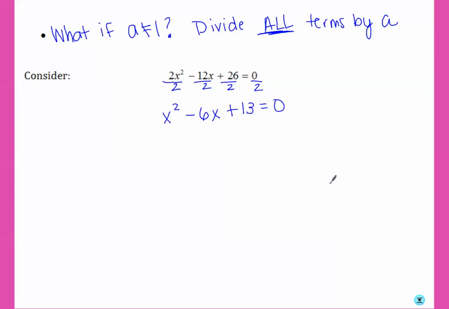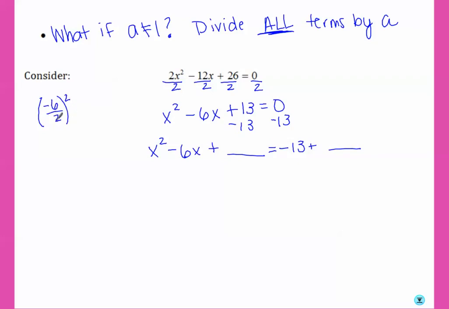Now that it's alone, we can follow the steps on the front. We want the x's on one side, so on the left, so these stay. Move our constant to the other side. I'm going to go ahead and leave room to add our b squared over 2 for our next step. Step 2, add b over 2 squared to both sides.